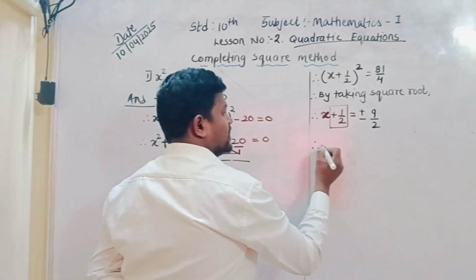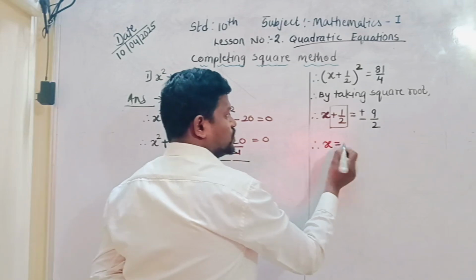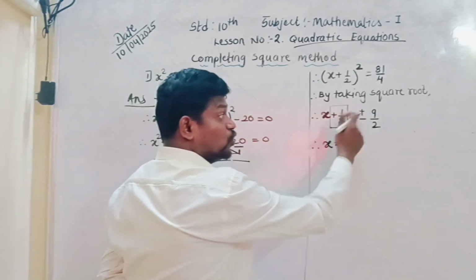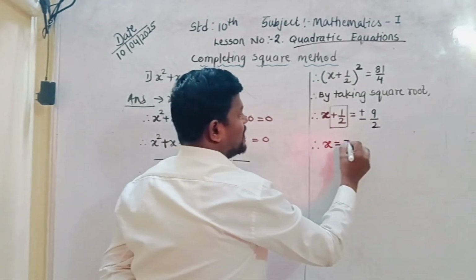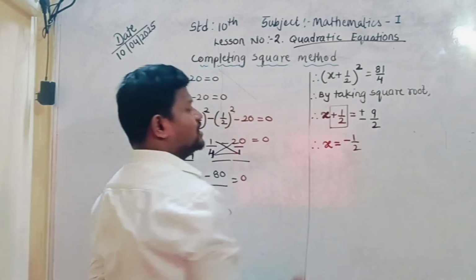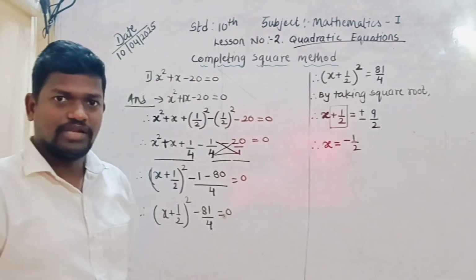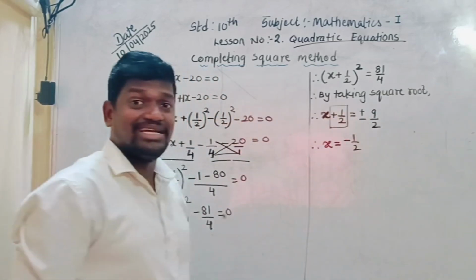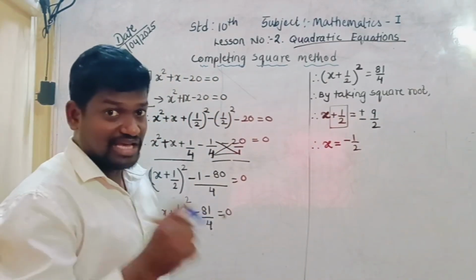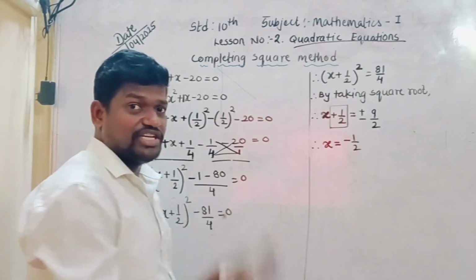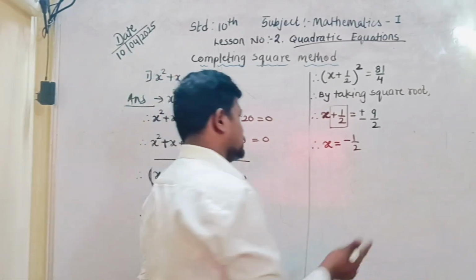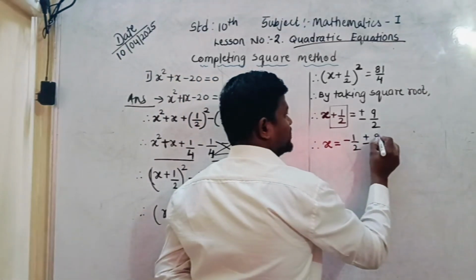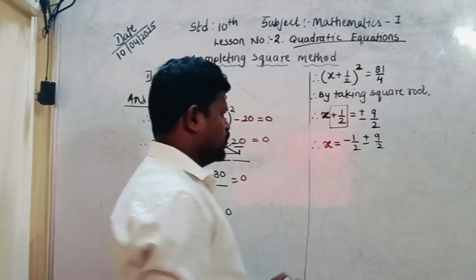So write down x is equal to, when plus 1 upon 2 goes here, its value is minus 1 upon 2, right? When a term changes sides, its sign also changes. So plus changes into minus. Then write down plus minus 9 upon 2.